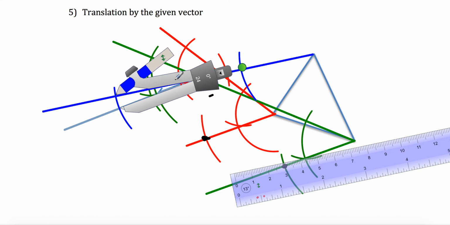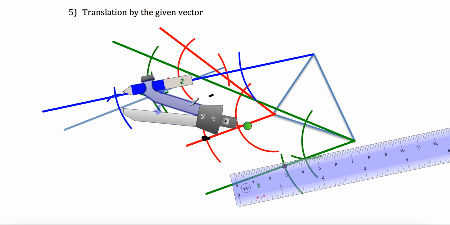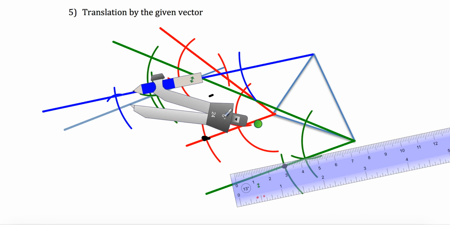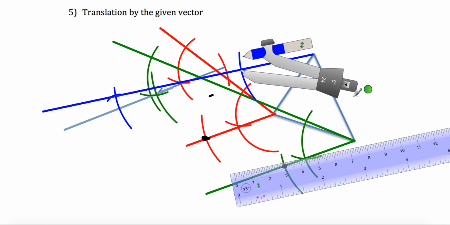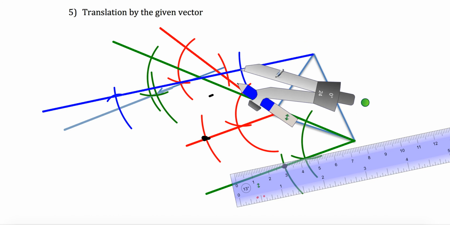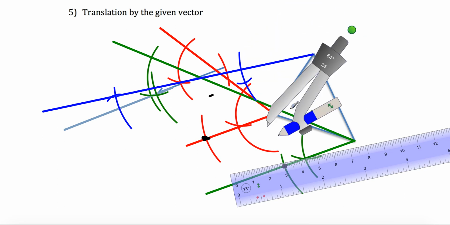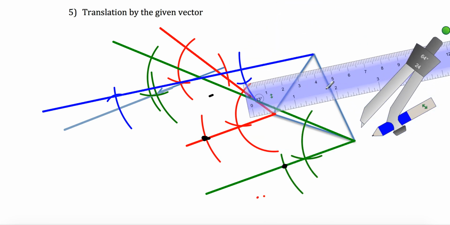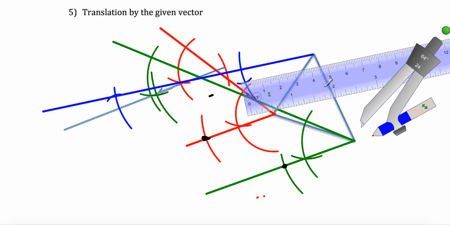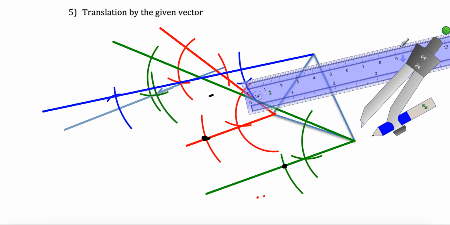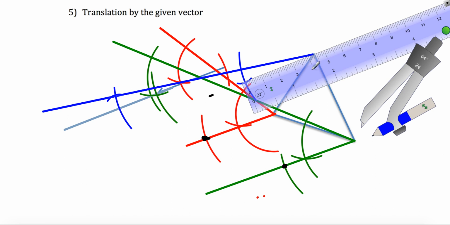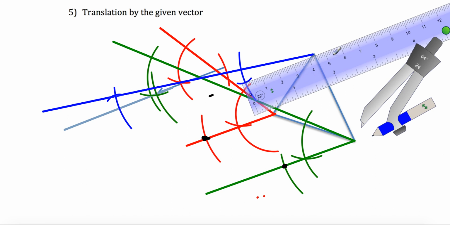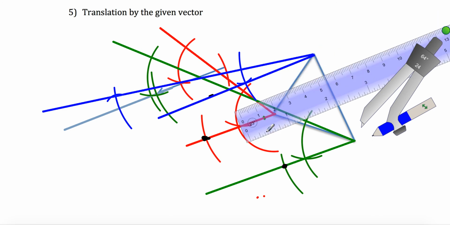All right, now that's the spread. And all we have to do now is draw my third line.